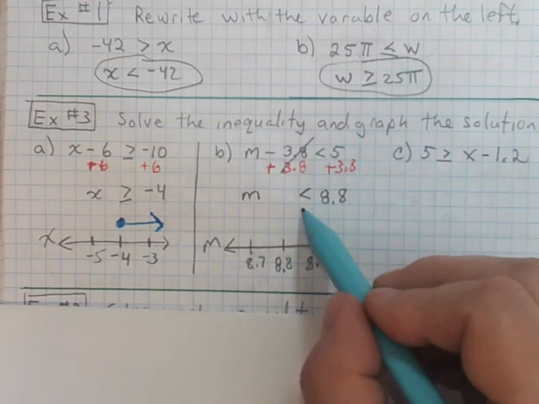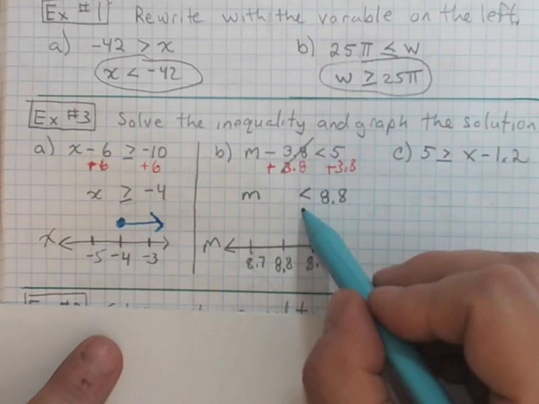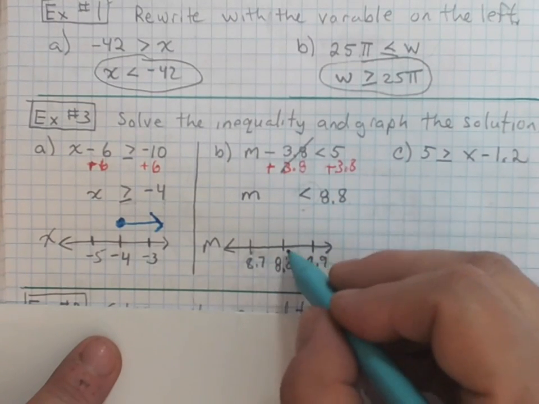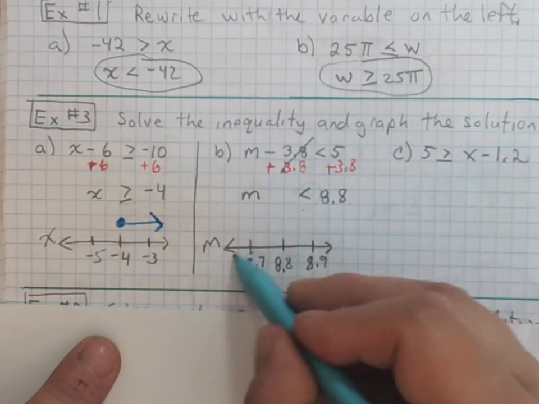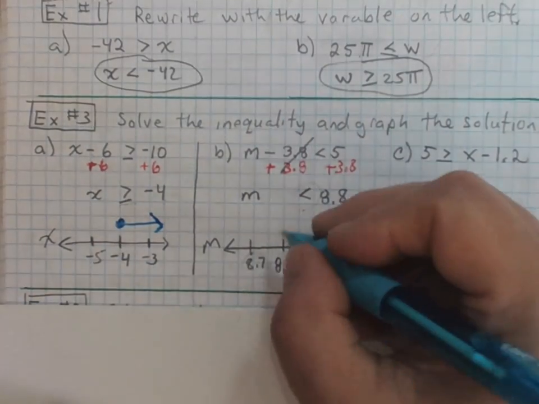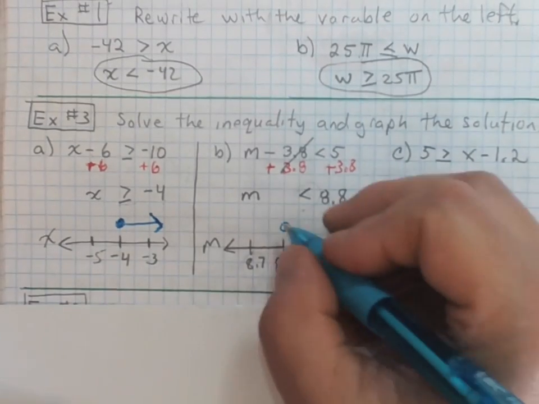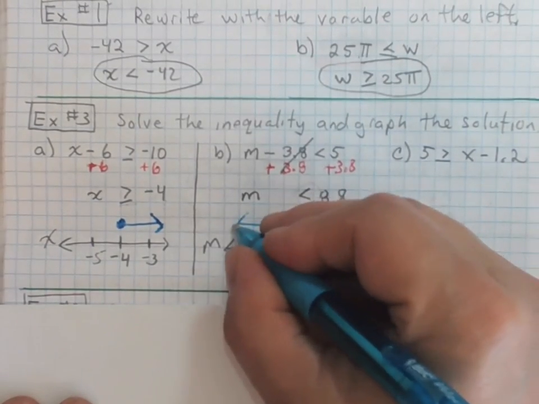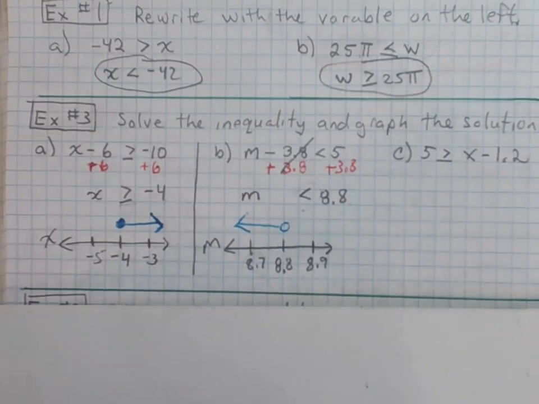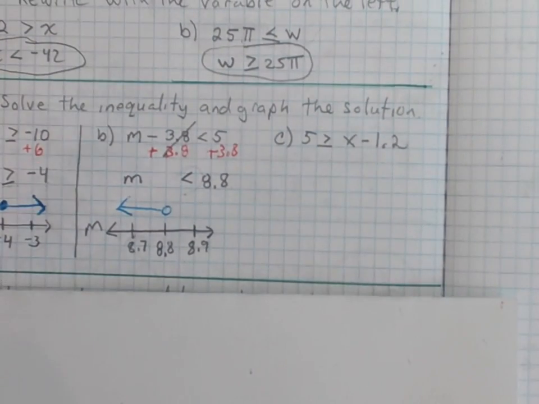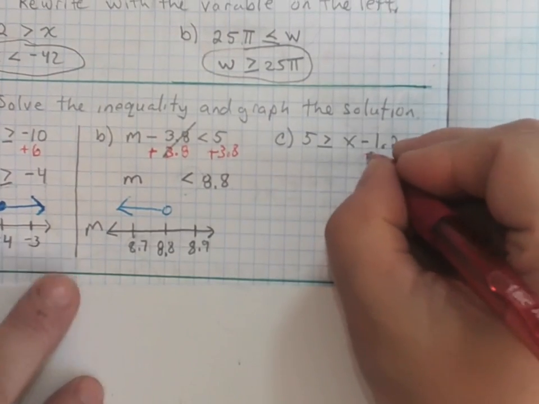Do I want less than or greater than? This symbol is less than, so I want 8.7. I want all the numbers over here. So circle on the 8.8, keep it open, point to the left. Less than is left. All right, solve. Let's add 1.2.